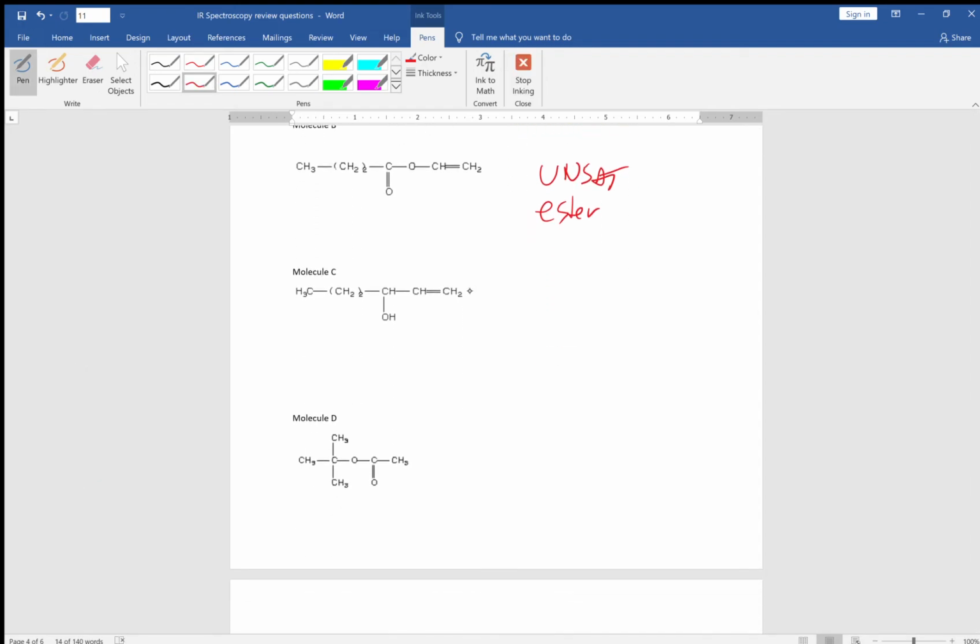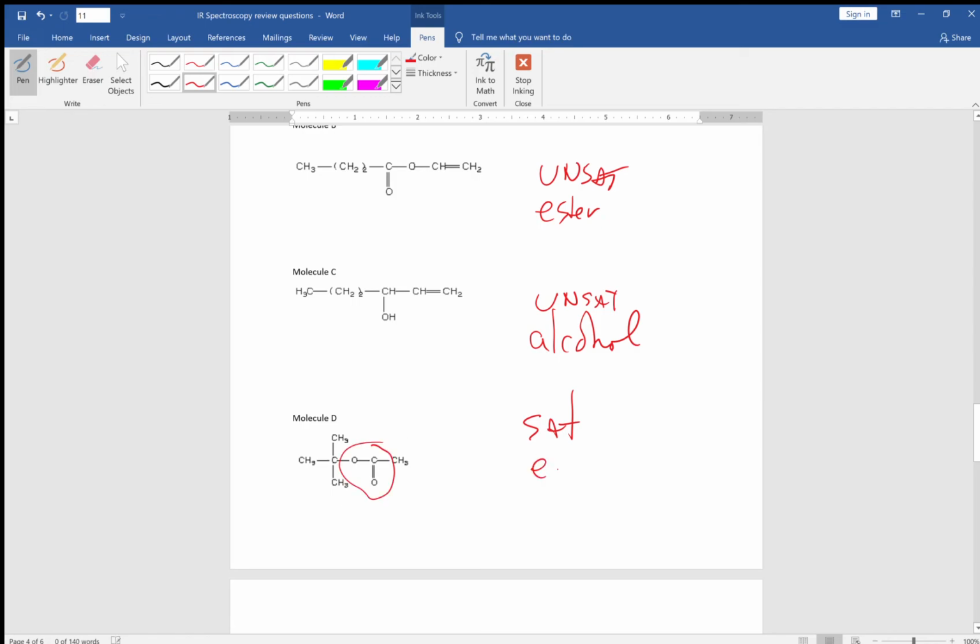This next molecule, again, is unsaturated because of the carbon-carbon double bonds, and the OH makes that an alcohol. The last molecule is completely saturated.